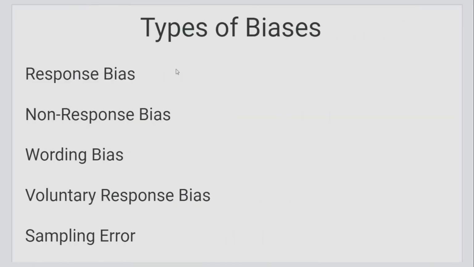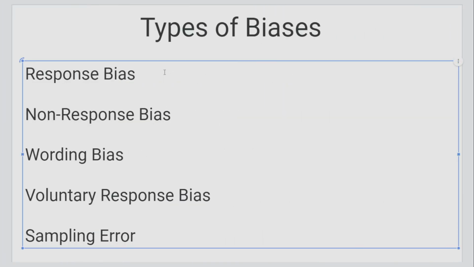All right, last thing in the lesson, which is biases. So you've probably heard of the term bias before. It usually just means that something is subjective, right? Biases in statistics means that it is something that might change the outcome of the research significantly.